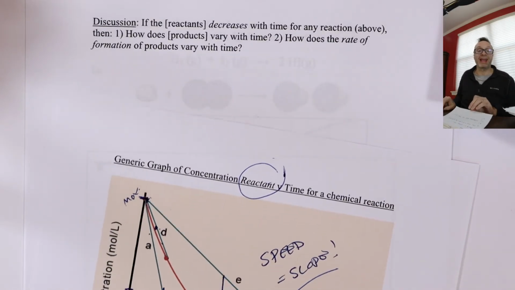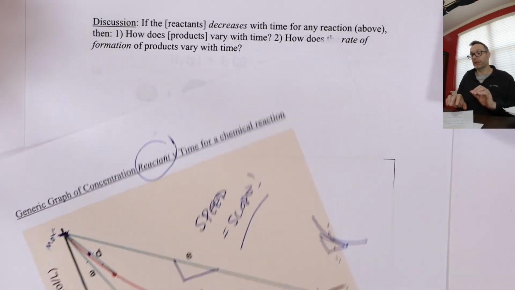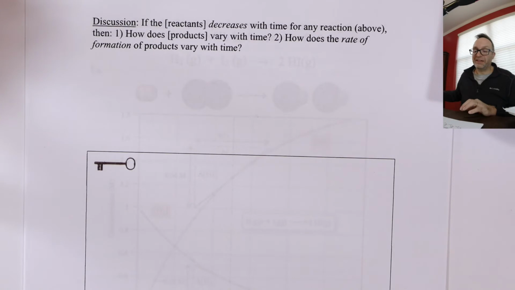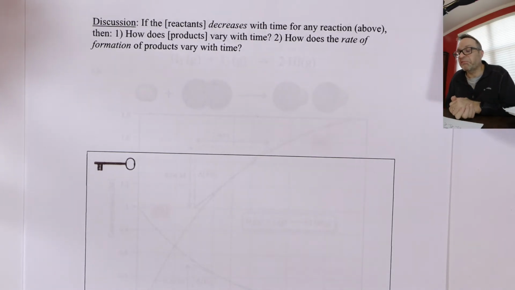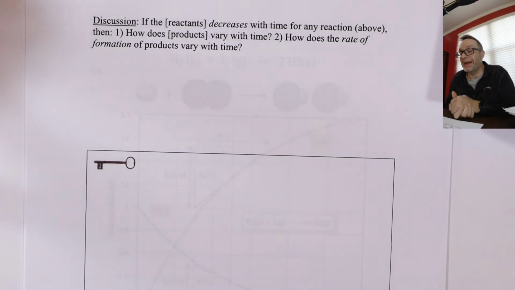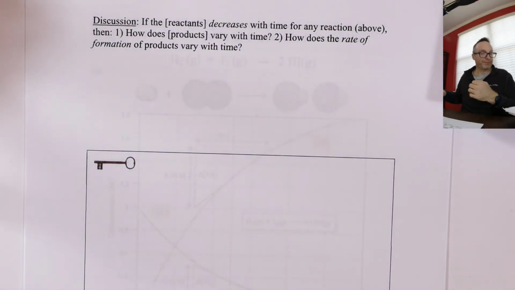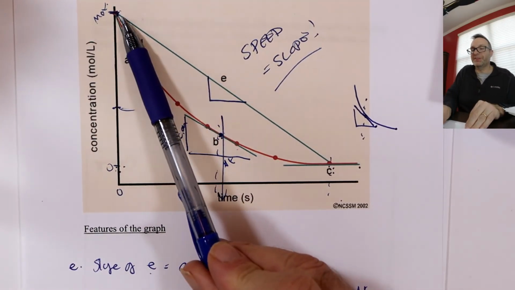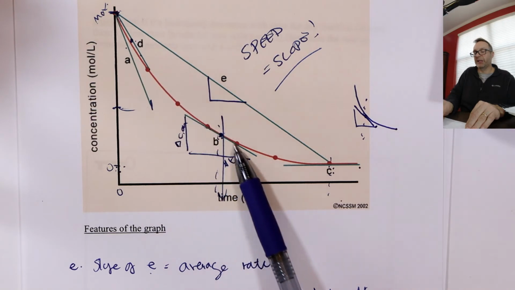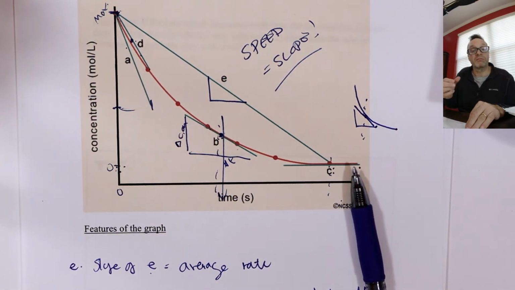Okay, that's true for any reactant species, right? So, if the concentration of reactants decreases over time for any reactants, how does the concentration of products vary with time? How does the rate of formation of products vary with time? So, as we saw, it's steepest at the start and then shallowest at the end due to the relative concentration of reactants at those points in time.